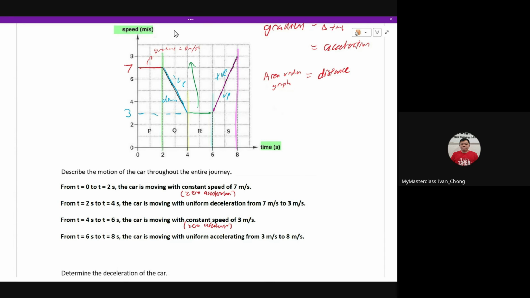But for those cases where your gradient is 0, you want to be a little bit more specific and you want to describe whether it's constant speed, is it stationary, how exactly is it moving itself. So you can just picture the car, okay, it's moving at 7 meters per second. Maybe you want to slow down because it reaches a school zone and they drive a bit slower. And then once you leave the school zone, you can speed up faster, something like that.